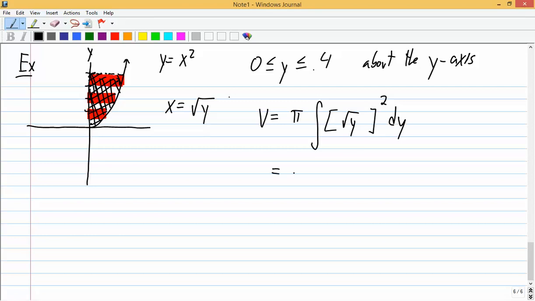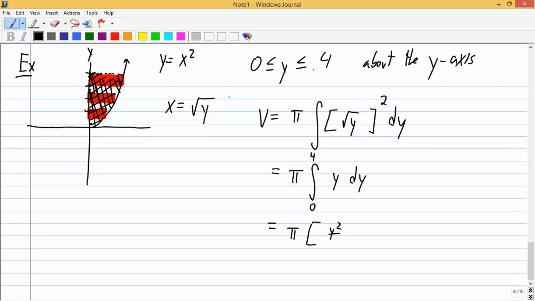Alright, so let's see what that is. The integral of, what's the square root of y squared? Y. So that becomes a pretty easy integral. What about my boundaries? Y equals 0 to y equals 4. Alright. What's the integral of y?